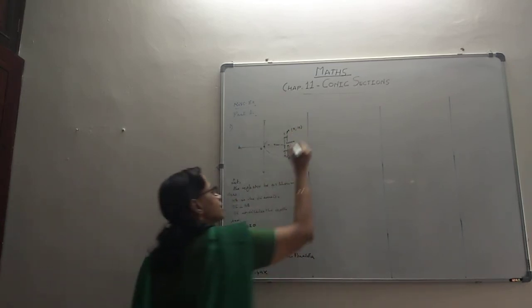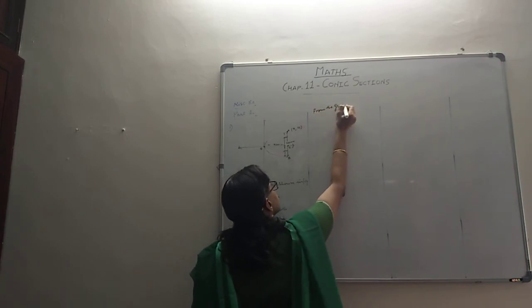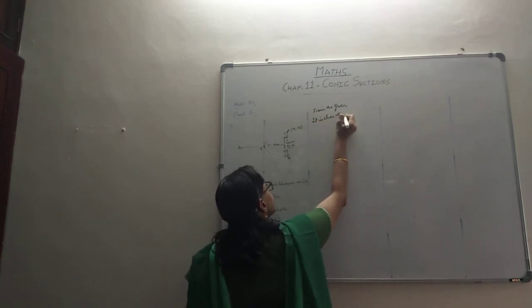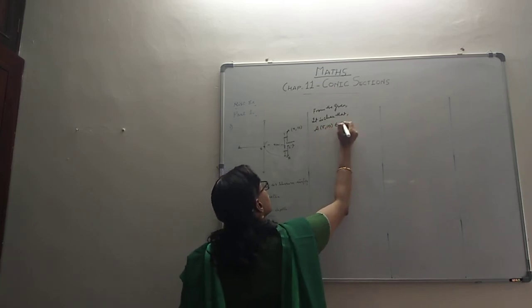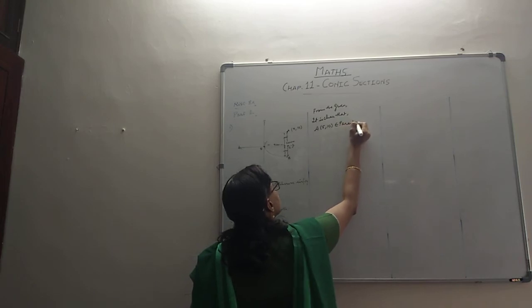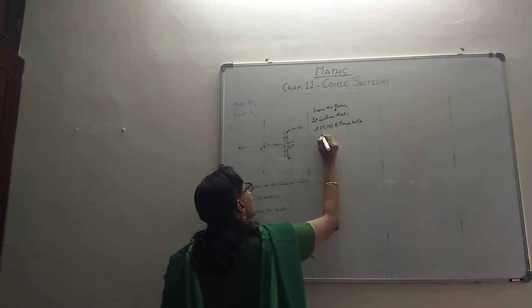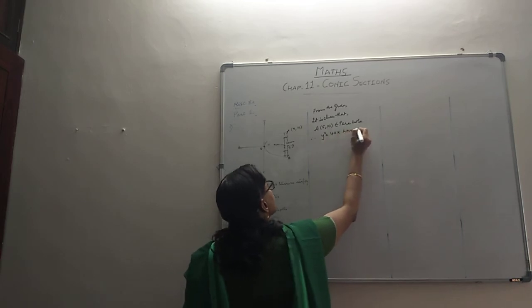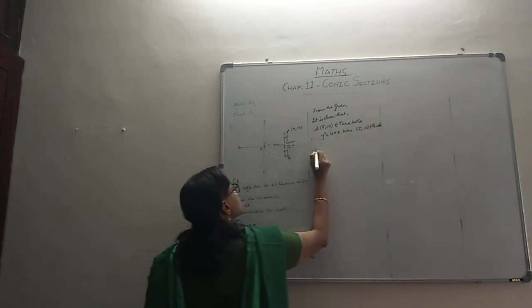So we can write from the given, it is clear that A with coordinates (5, 10) belongs to the parabola. So it satisfies y squared equal to 4ax. Satisfies means x and y.